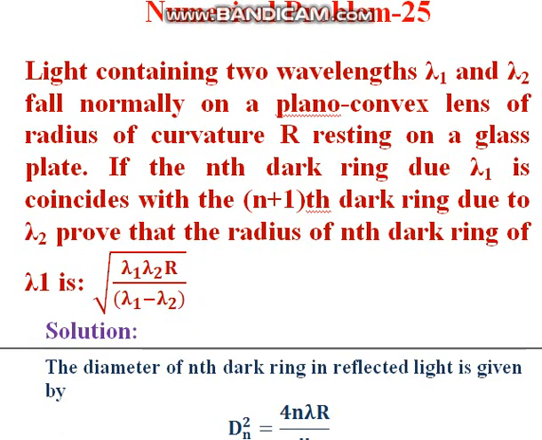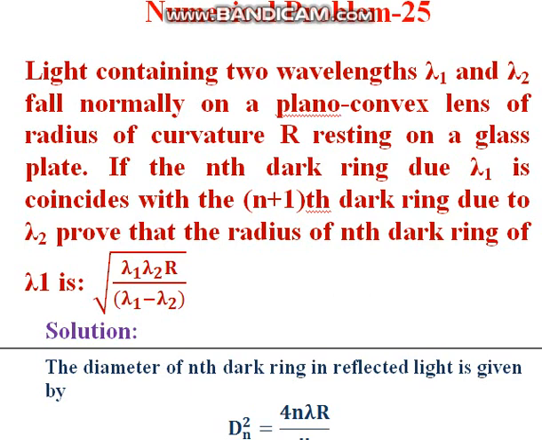Now numerical problem 25. In this numerical problem, the incident light has two wavelengths, lambda 1 and lambda 2, and these fall normally on a plano convex lens of radius of curvature R resting on a glass plate.